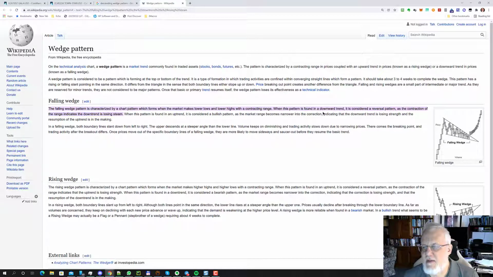When this pattern is found in a downward trend, which we're in now, it is considered a reversal pattern, as the contraction of the range indicates the downward trend is losing steam. Vice versa, this is a falling wedge. You can also have a rising wedge. Both of them are reversals. But when you're falling in this kind of wedge, it tends to go up afterwards.